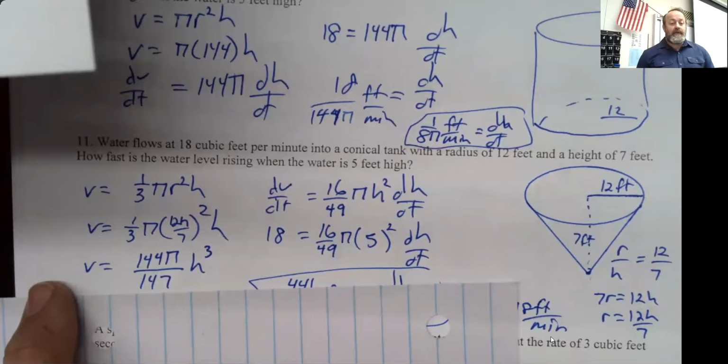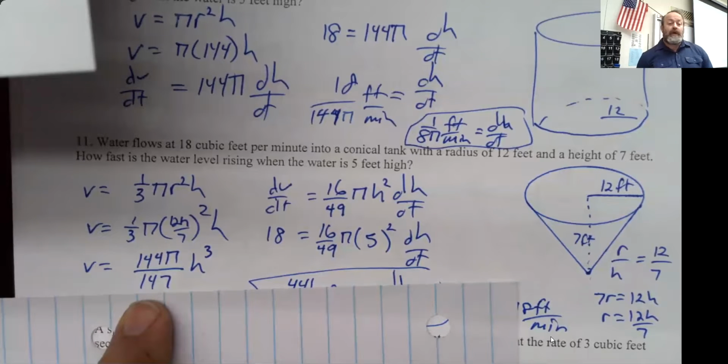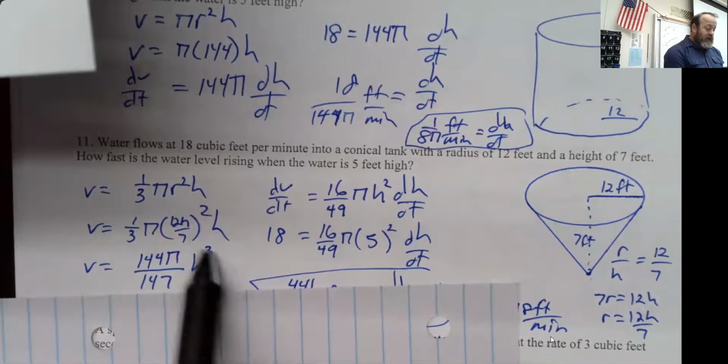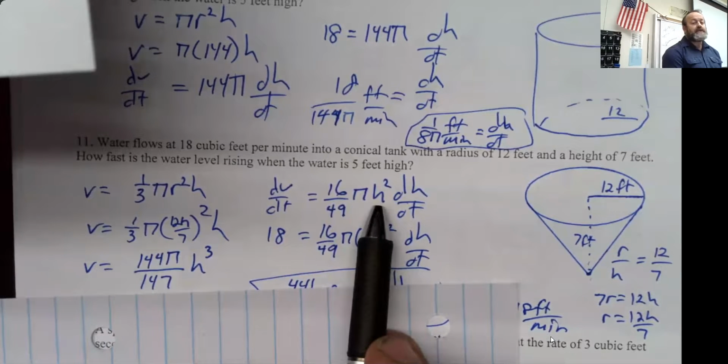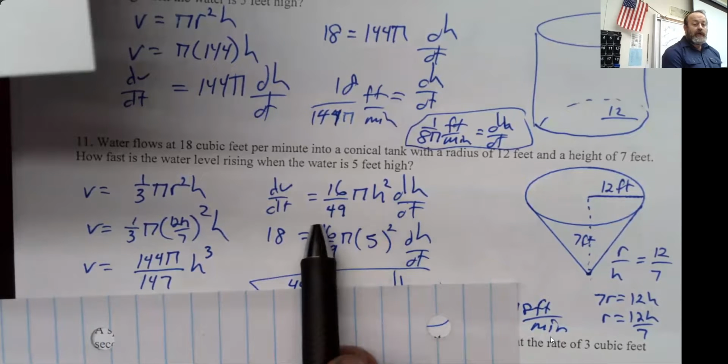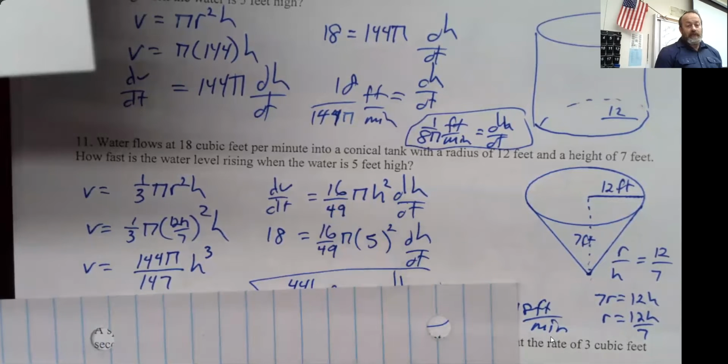So dv dt, remember this 144 pi over 147 is just a constant. So I multiplied the 3 down and dropped it to a 2. And the reason why this is a little bit different is because as I multiplied that 3 down, I just simplified it a little teeny bit. So that's all that was about.